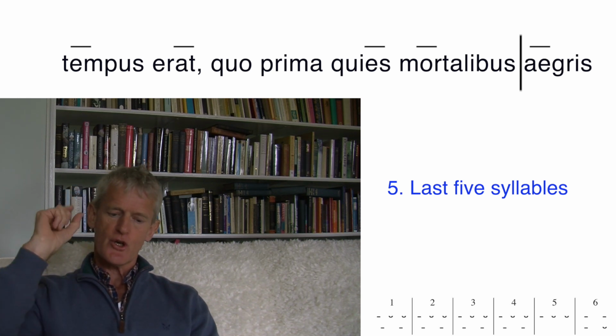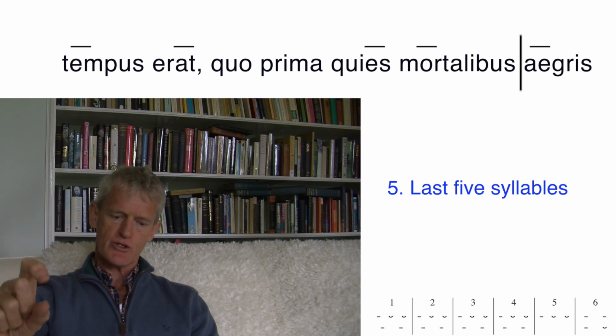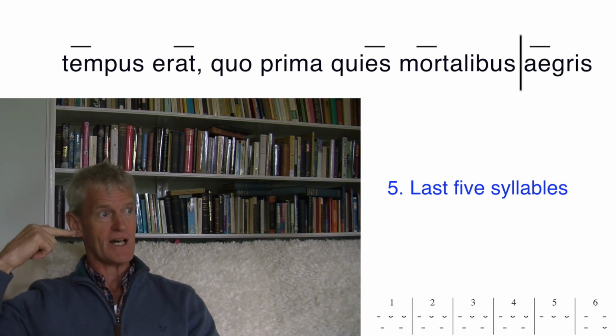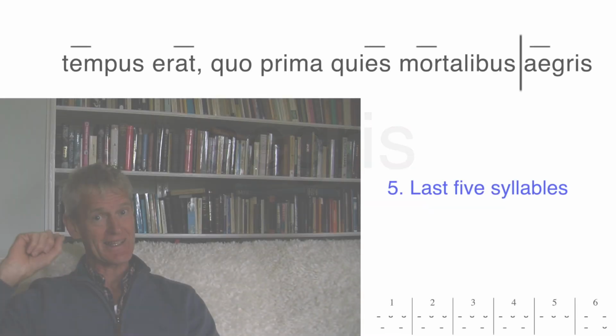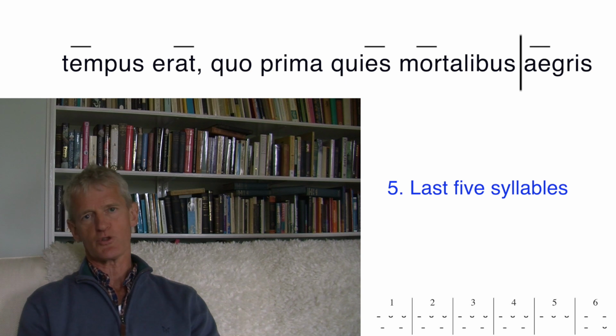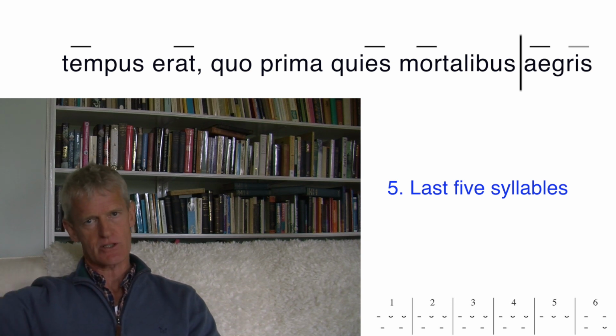Okay, so the final foot of this hexameter line is the word I grease. Now we happen to know from our grammar that dative plurals end in is, not is. We're completely comfortable just marking it as long, I grease.